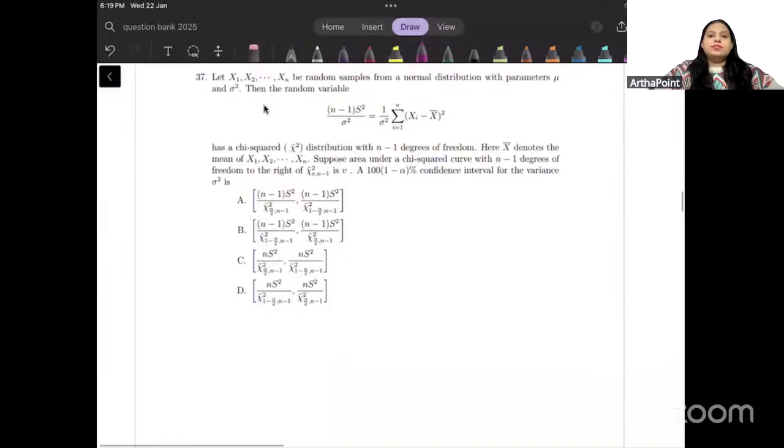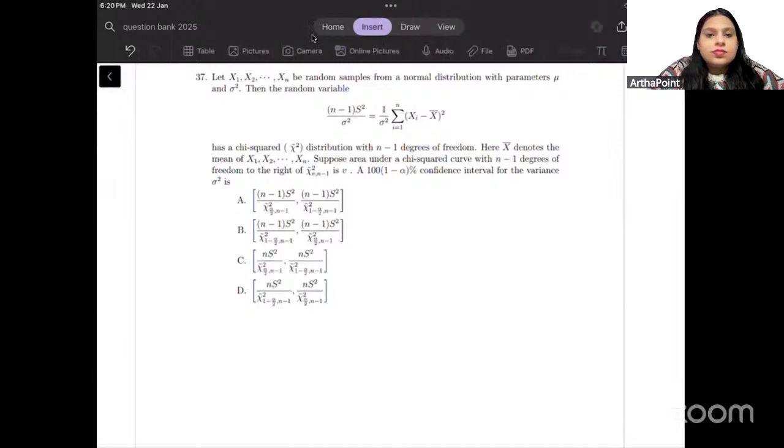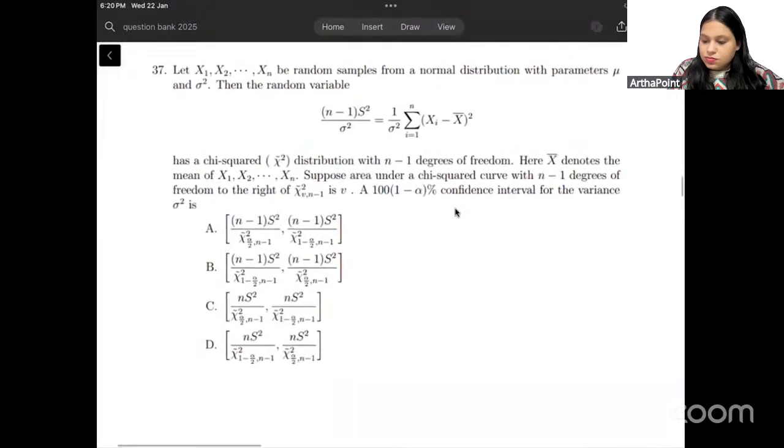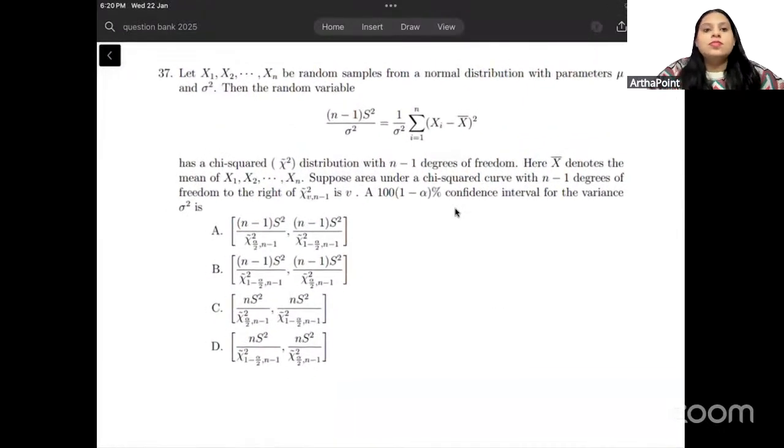Try this one. Very easy. This is just the formula of chi-square.